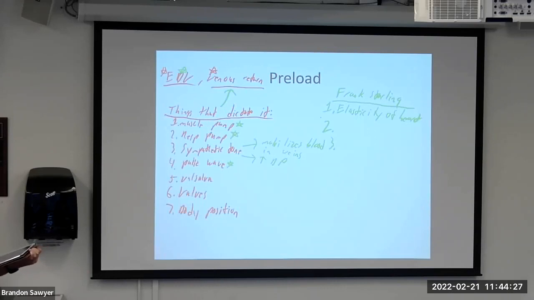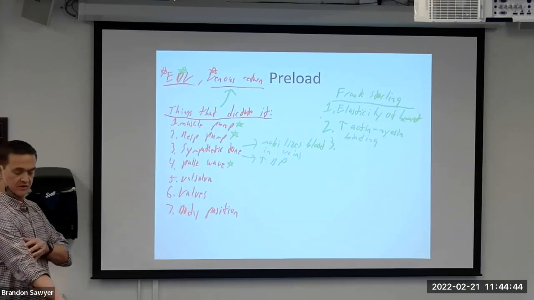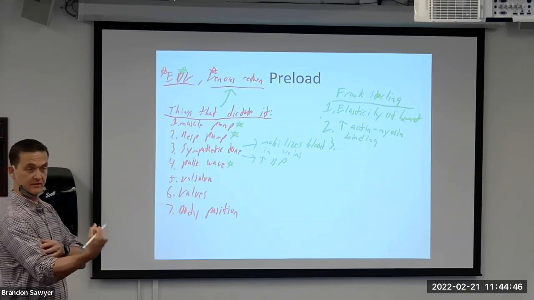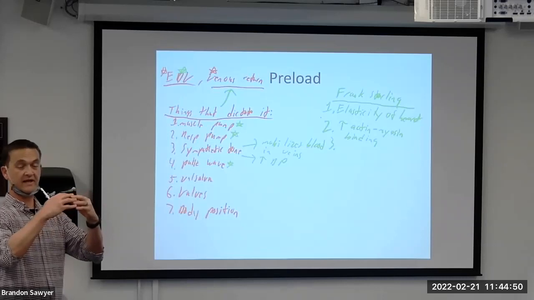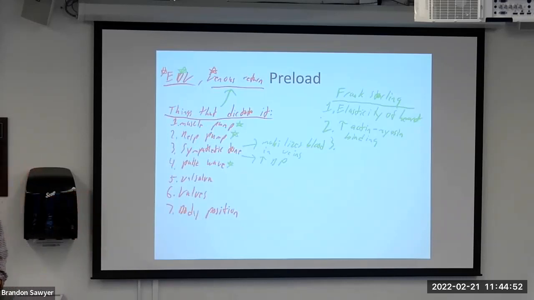Two is just like in skeletal muscle, we had that length tension relationship, right? So we get increased actin myosin binding. Right, so just like in skeletal muscle, we're stronger right here than we are down here, right? Because some of those myosin heads aren't touching the actin when you're fully lengthened.